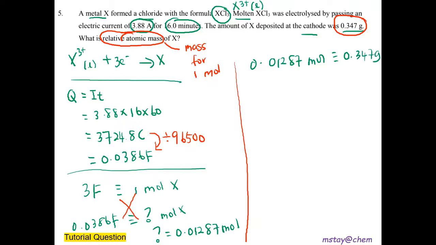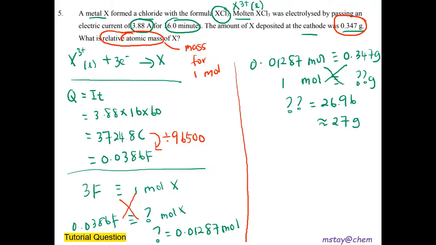So now, if you want to form 1 mole of X, how many grams? So use crossover multiplication. The mass will be around 26.96, or basically 27 gram.